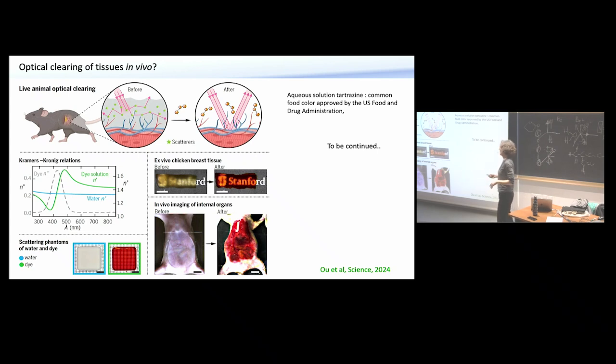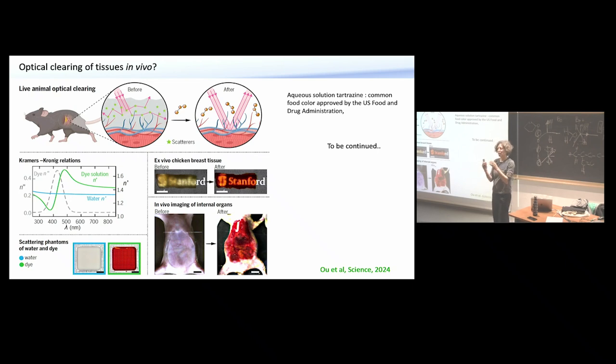So recently, a few months ago, in September last year, there was this paper in Science, I think, that went viral, where what they did is they introduced a food color called tartrazine inside a living animal, a mouse here. And what they showed is that this tartrazine, if it's in solution, increases the index of refraction of the solution.